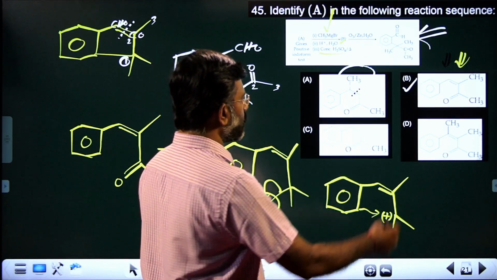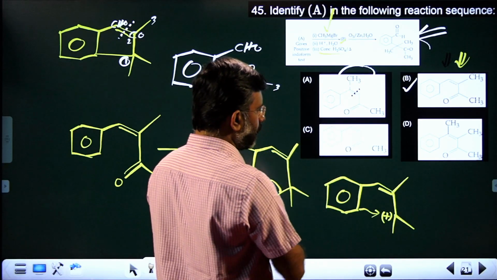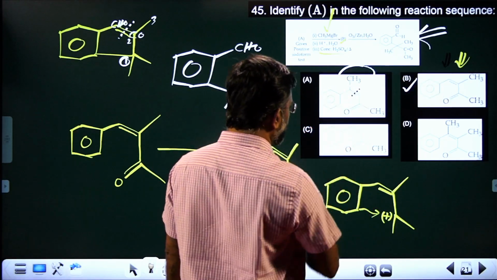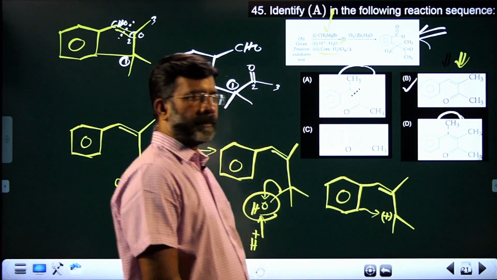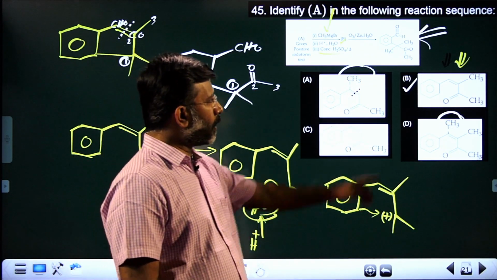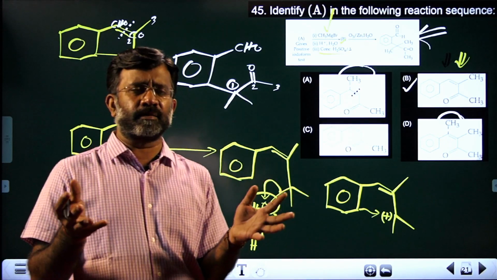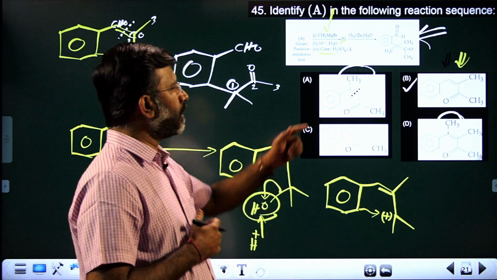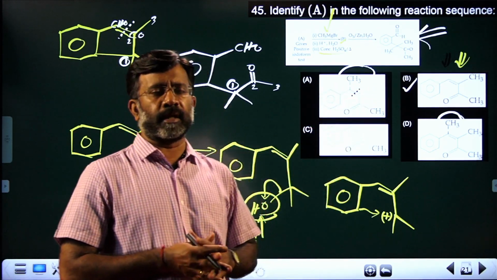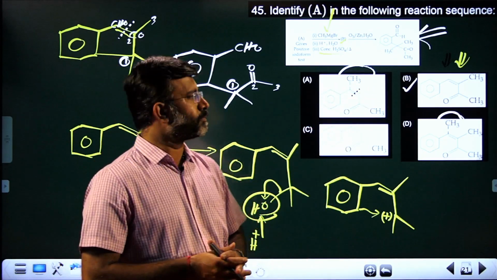You can cross check either B or C, while in A and D there is a group coming here. And upon investigation, with simple mechanism reactions, your learned reactions only, you can confirm option B will be the starting compound.